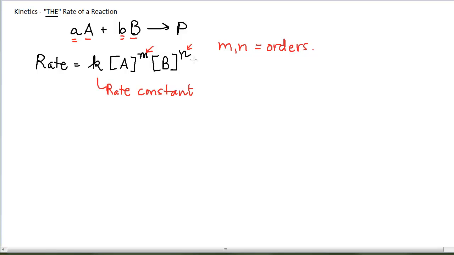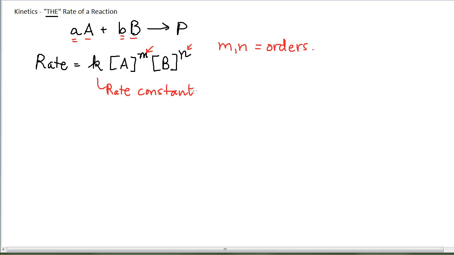They're small positive integers, or they might be 0. It does get more complicated than that. If you go on and take a class in physical chemistry, you'll talk about how it can be way more complicated than that. But by and large, in general chemistry, we stick to small positive integers for our orders. And so that's what we see as far as what m and n would be.